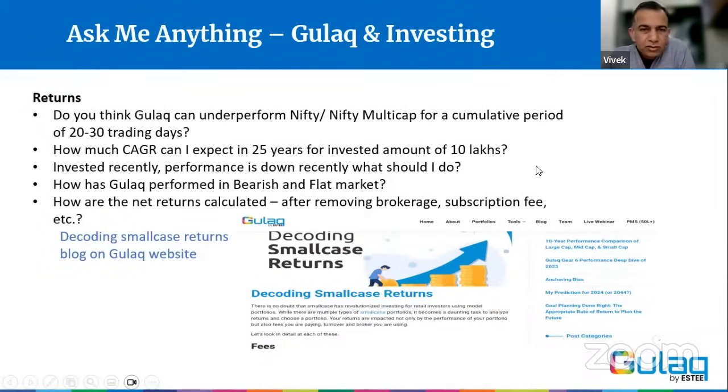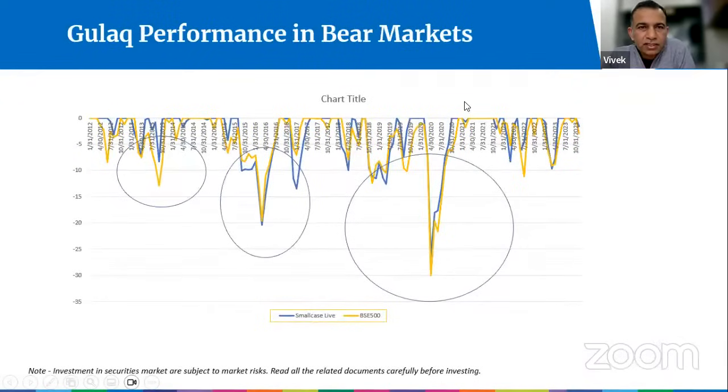I would encourage everyone to have a look at this blog if you have any questions related to our gross, net returns, and the other costs that are involved. Right. Now I'll take you through some of the data that we have. And again, this is back-tested data, of the current model that is being run. So for this, I've taken 3 periods. A drawdown in BSE 500 of about 12%, way back in 2013. After that, a drawdown of about 20% in 2016, and the COVID fall in 2020.